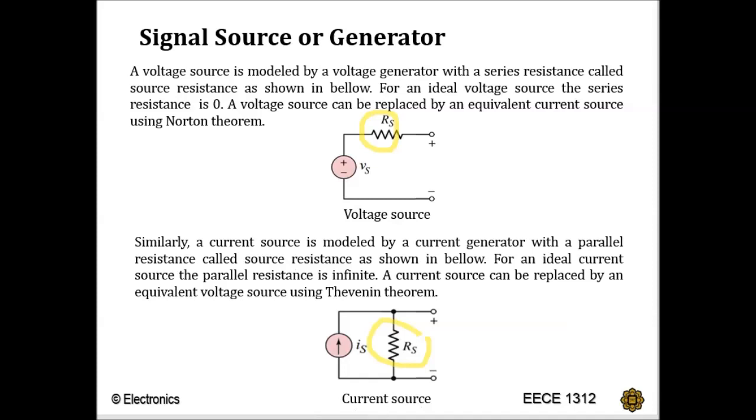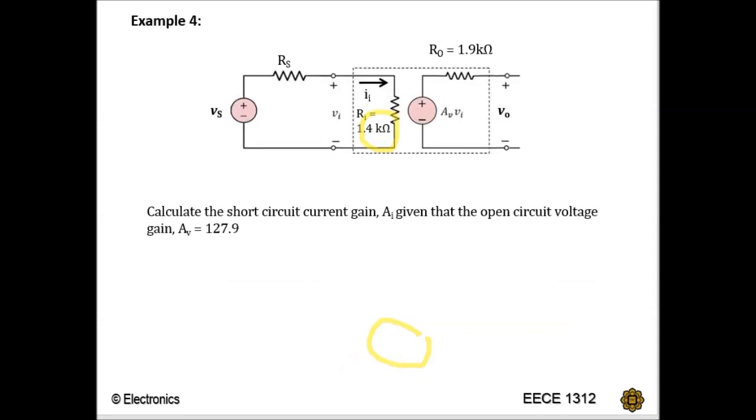So in this example, the question is a voltage amplifier, but I want to calculate the short circuit current gain, given AV is 127.9. The other parameters are R0 and Ri.